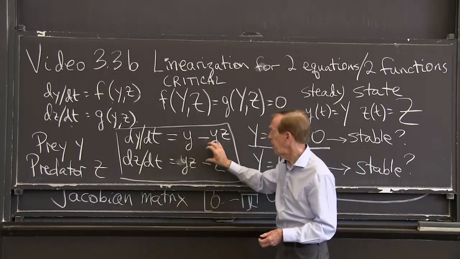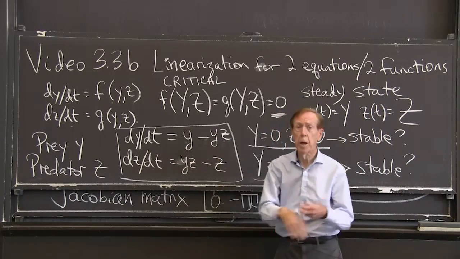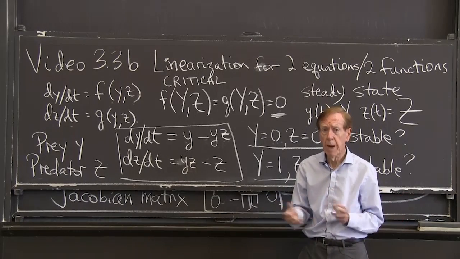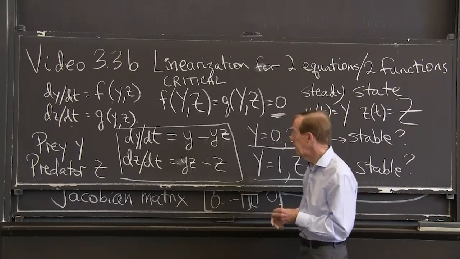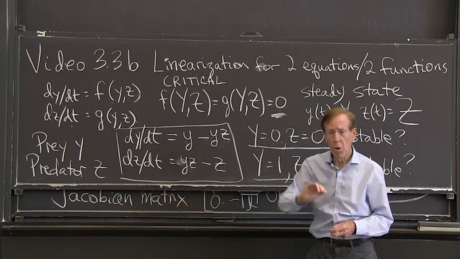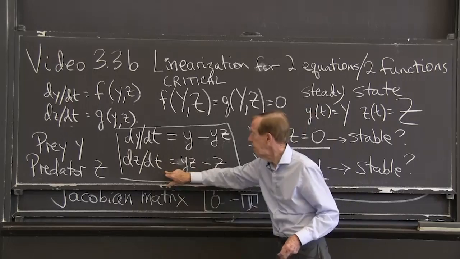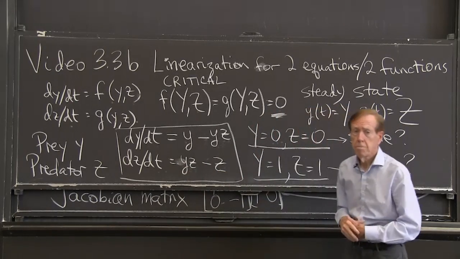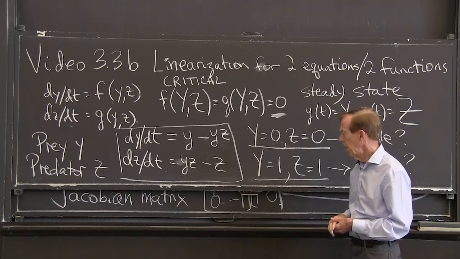So when the two populations are really small, forget the eating. There aren't enough foxes and rabbits around to make a decent meal. So I just have dy/dt equal y. Rabbits are growing from eating grass. dz/dt is minus c. Foxes are decaying from natural causes.